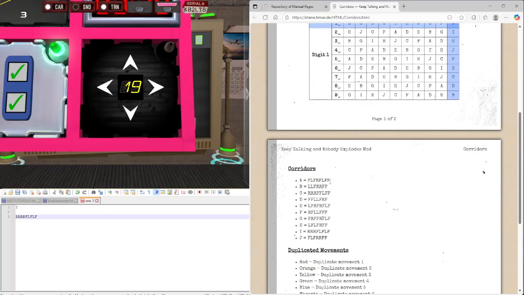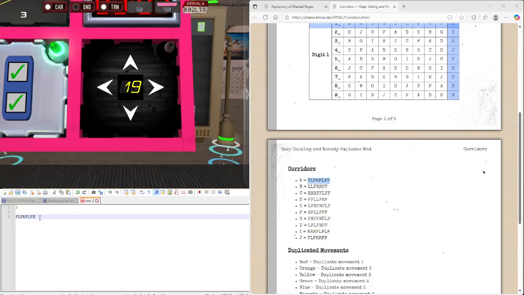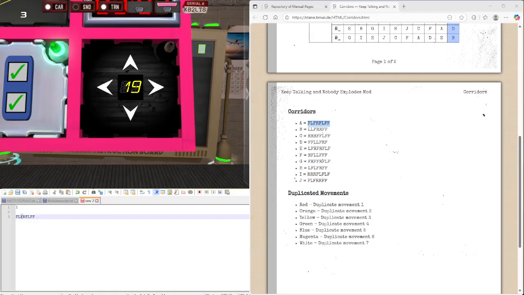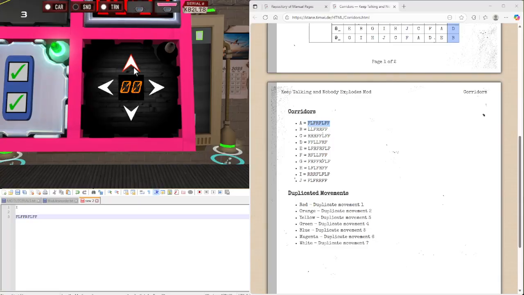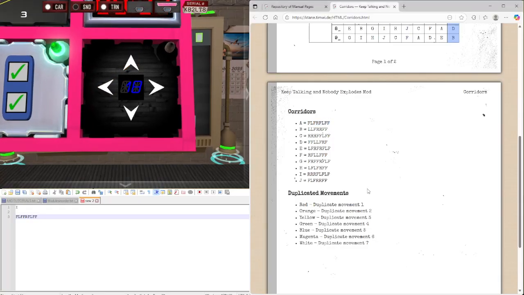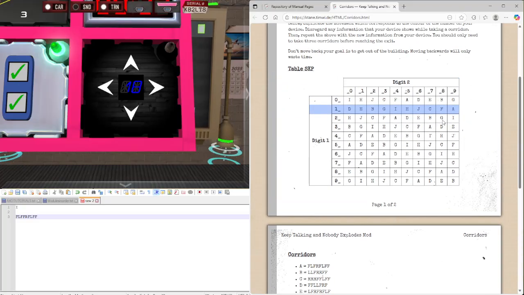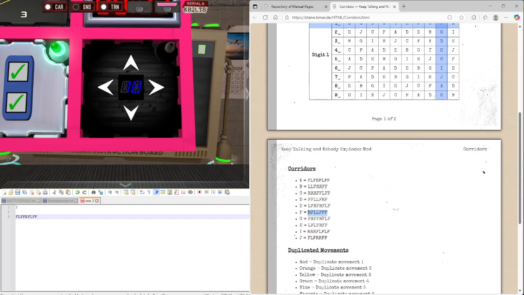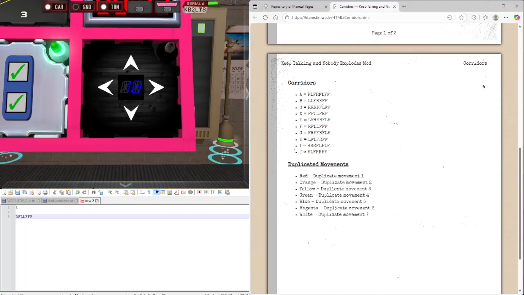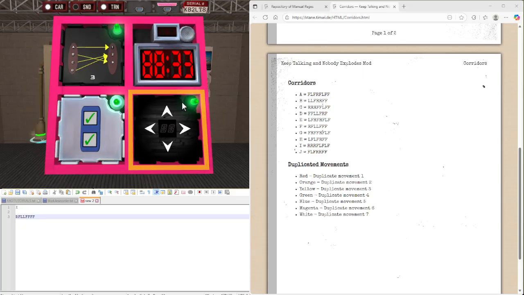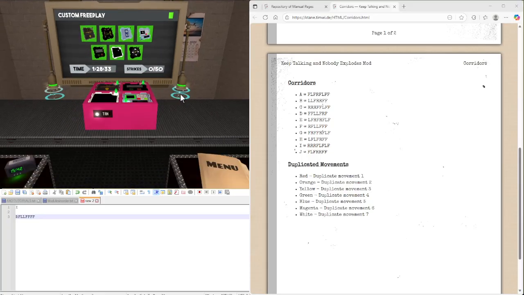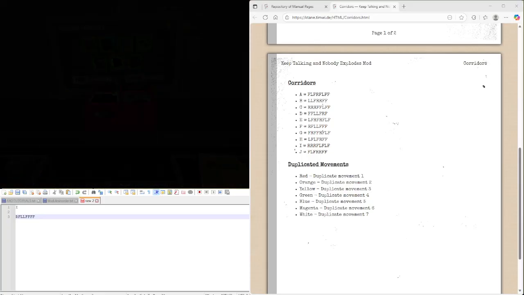One line. And yellow is duplicate movement 3 again. Eighteen F. Blue is duplicate movement 5. Okay. That is all done.